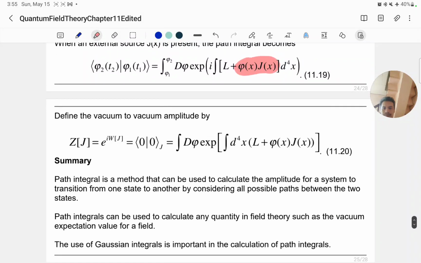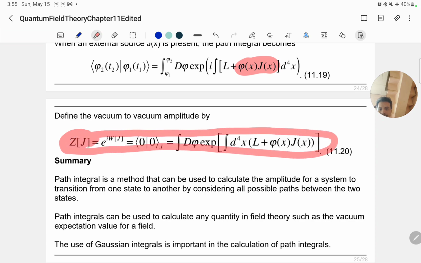And we define the vacuum to vacuum amplitude to be equal to this. So as a summary, path integrals is a method that can be used to calculate the amplitude for a system to transition from one state to another by considering all possible paths between two states.